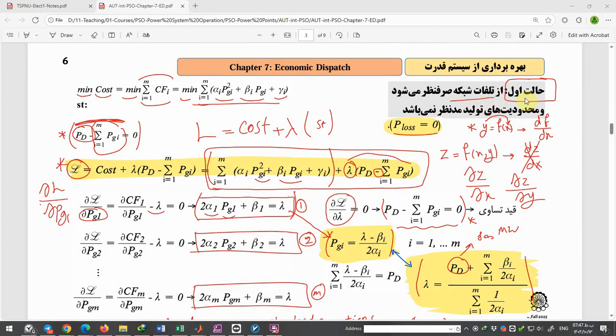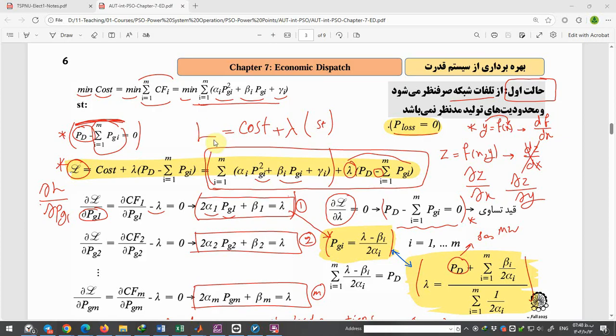And so the first scenario is when we ignore the loss of networks and we don't consider any limitation of each generation. So for deterministic and mathematically solving this optimization problem, we consider the Lagrangian function.